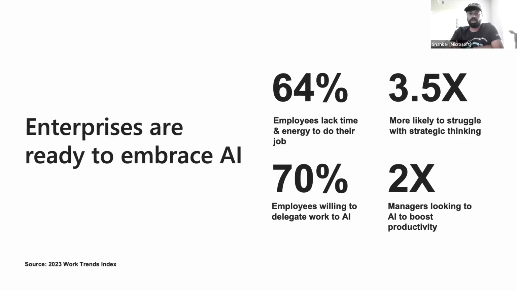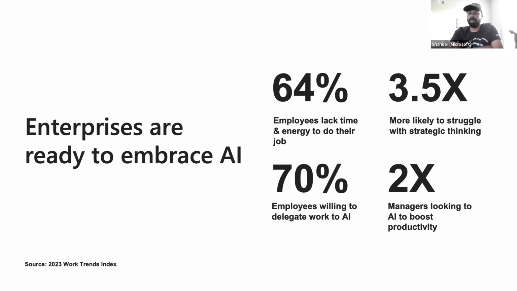And they are not alone in it, right? The enterprises are also ready to embrace AI. This comes from the workforce. One of the recent surveys, the 2023 Work Index, found that as technology and work processes are evolving, 64% of employees say that they lack time and energy to do their job.